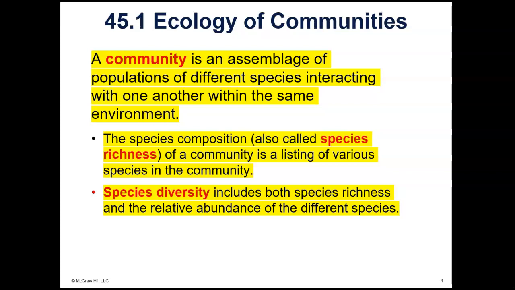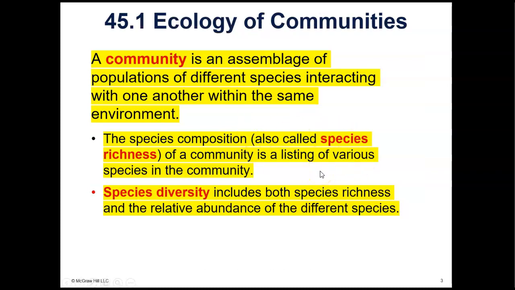Although there are a few examples of living things being the habitat for other living things, like, for example, humans are the habitat for all these bacteria that live inside of our GI tract. But anyway, for the most part, the non-living things would be the habitat and the living things would be the community.